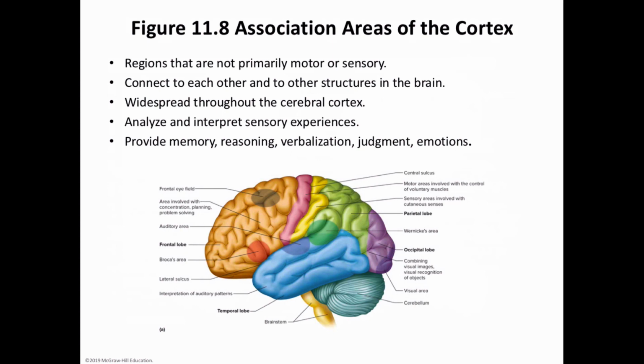How amazing this is. The association areas of the frontal lobes provide higher intellectual processes, such as you all now concentrating on this lecture. Also includes planning, meaning what you're about to do. Moreover, complex problem solving.